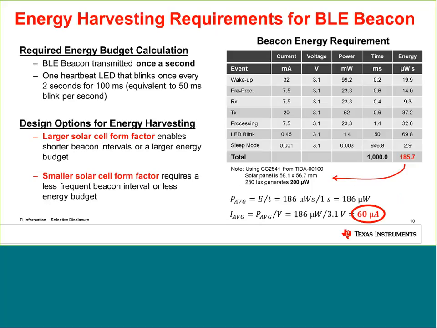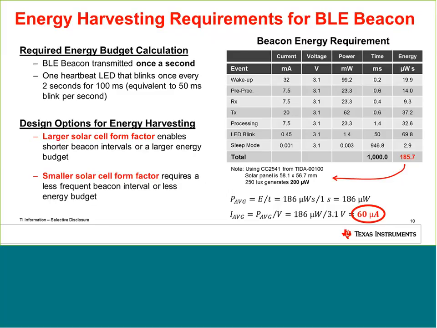We said that it's happening once per second, so the total sum of the time is 1,000 milliseconds. Automatically, we can see the energy in microwatt seconds that is necessary for this BLE beacon, and it's 186 microwatt seconds.